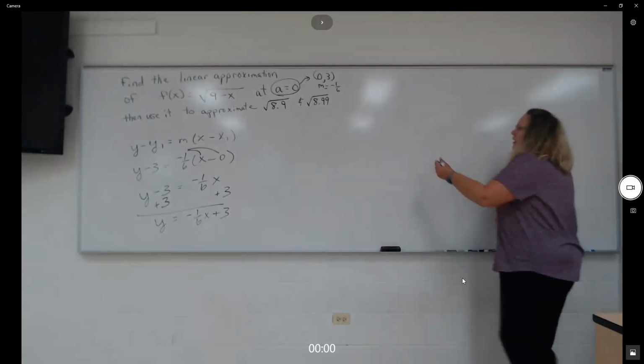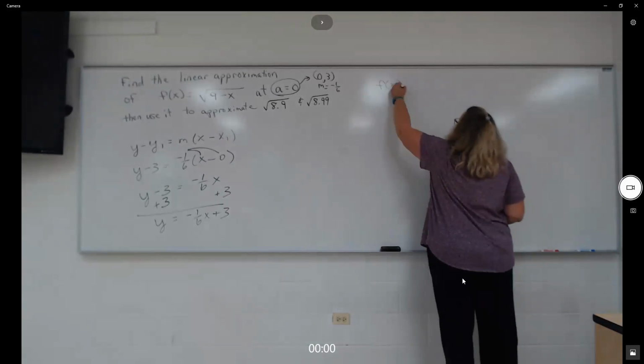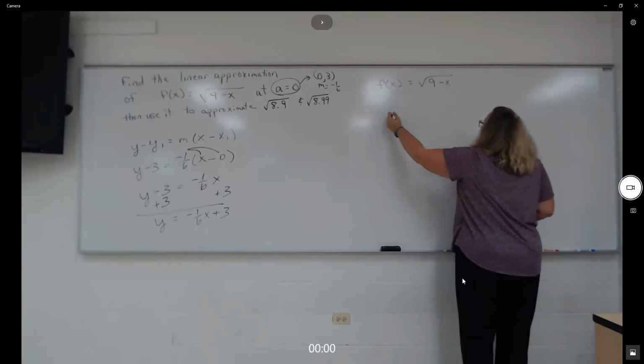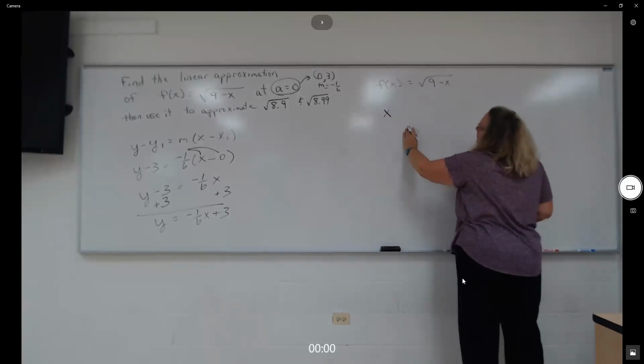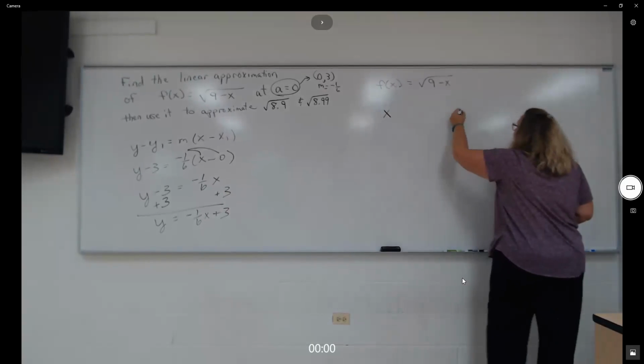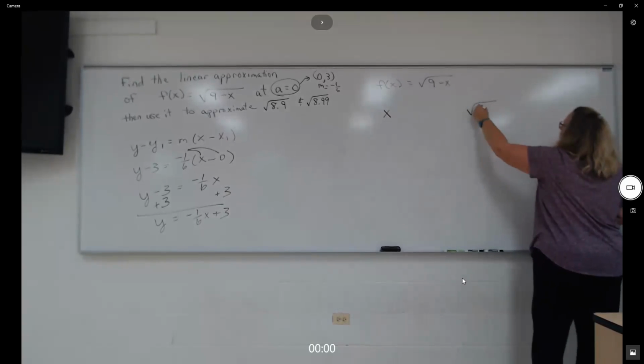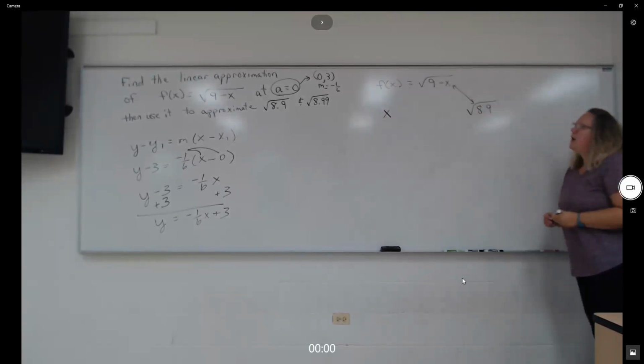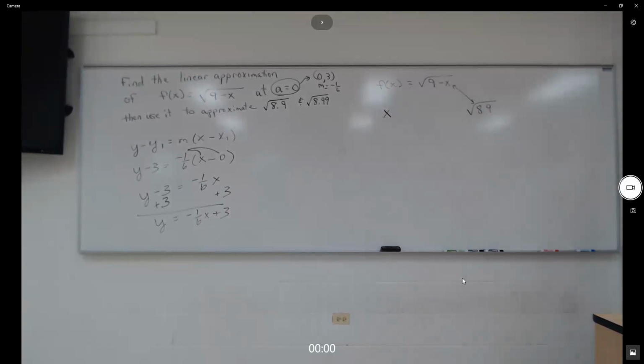Okay, so let's look at our function. Our function is the square root of 9 minus x. What would x have to be to get an answer of the square root of 8.9? What would we have to subtract from 9 to get 8.9? 0.1, yeah.